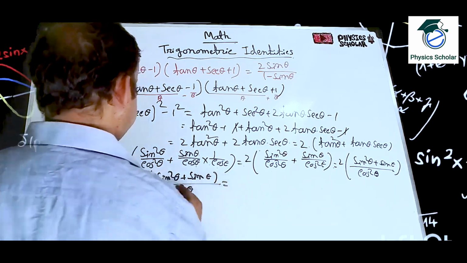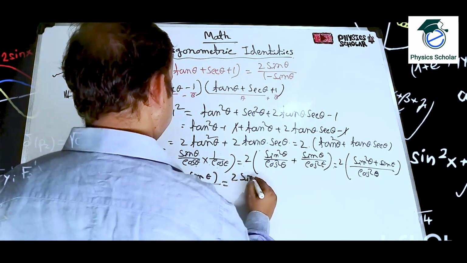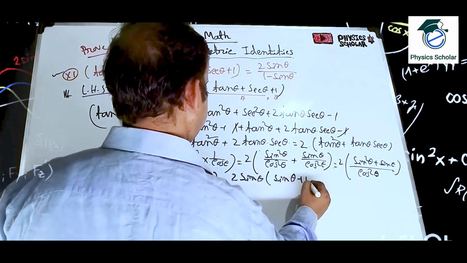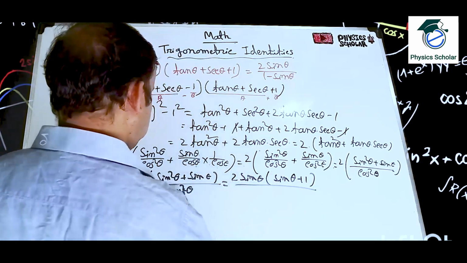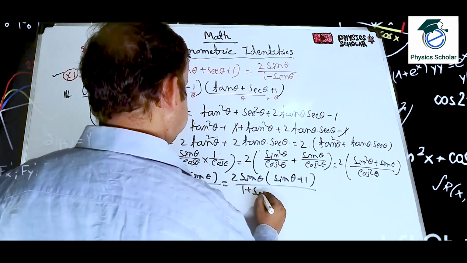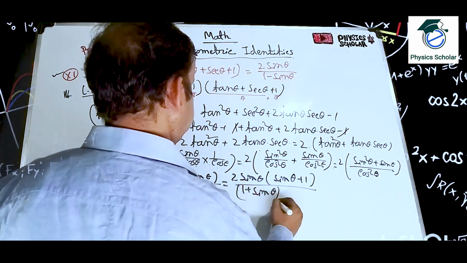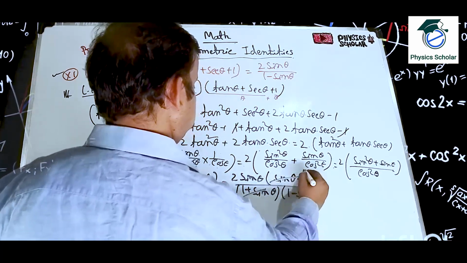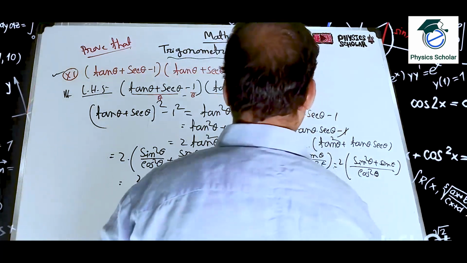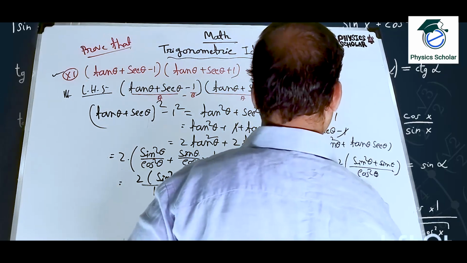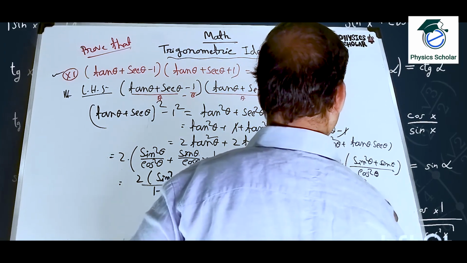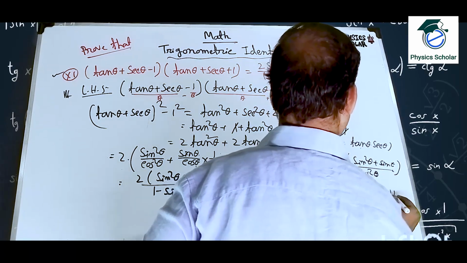So what we can write here? 2 sin theta is common, so sin theta plus 1 divided by a square minus b square, a plus b into a minus b. So this will be cancelled. So what is that? 2 sin theta divided by 1 minus sin theta is equal to RHS. Proved.